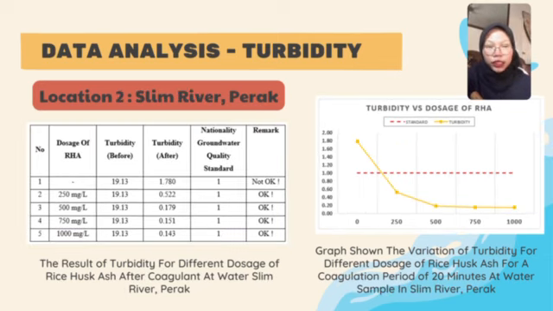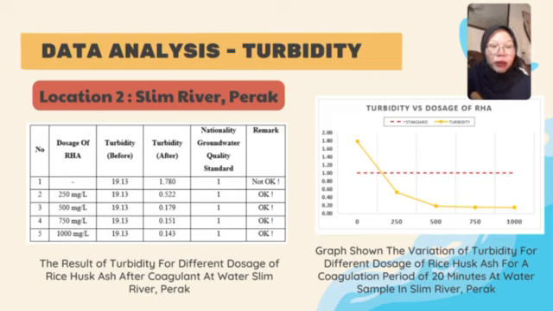Okey, sama seperti untuk data turbidity di Slim River iaitu lokasi kedua. Turbidity sebelumnya 19.13 dan kita ingin mencapai standard 1. Jika kita lihat pada dos rice husk ash yang tanpa ditambah apa-apa, kita mendapat 1.780 which is still tak capai standard.